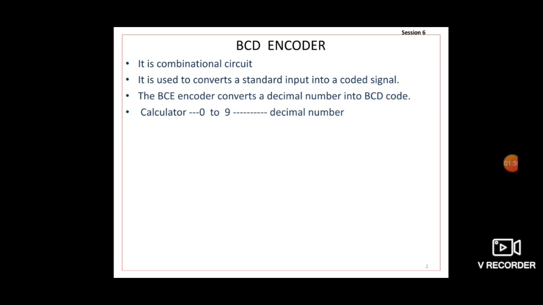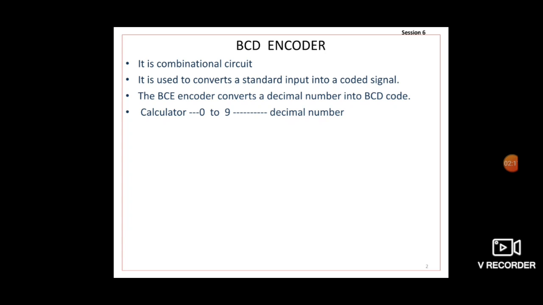Okay, so what is the concept of calculator? How are we using the calculator? When we press any number, that number is converted to its binary number.